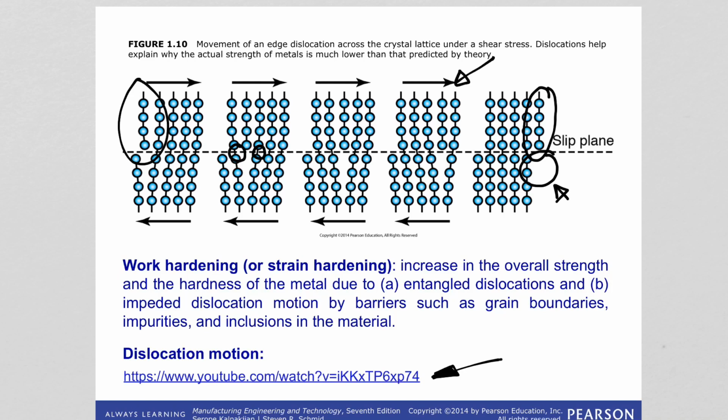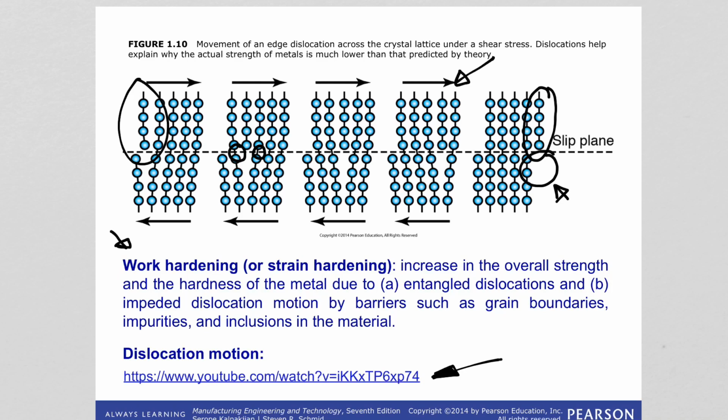So there is this work hardening and strain hardening, very important, because usually when we manufacture materials, we need to work on them, right? We need to change their shape. And when we are changing their shape, we are actually making the material stronger.